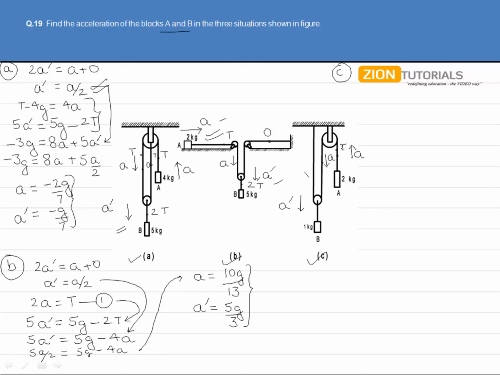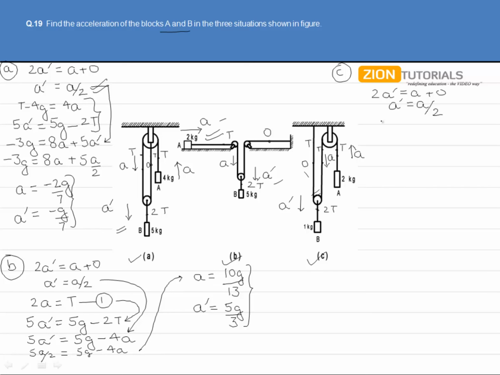Also, let us assume that there is tension T in this string, so that this string is having a tension of 2T in it. Now we can say from the pulley equation on the second pulley that twice of a' is equal to a plus 0, because the acceleration of this string is 0 as it has been tied to the ceiling. So a' is again equal to a by 2.